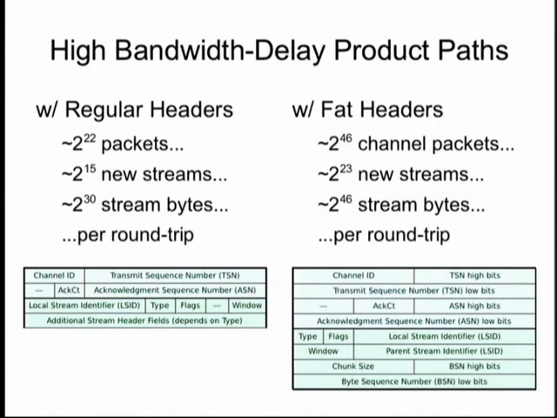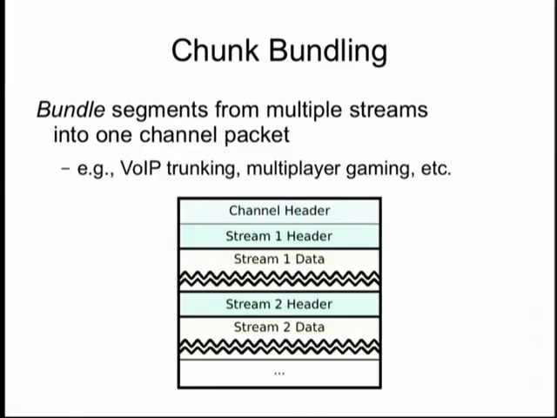So we'll eventually need some kind of fat headers or wide headers, like DCCP does, to allow for larger bandwidth delay products and stuff like that. That's an obvious need, but it's also obvious how to fix it.